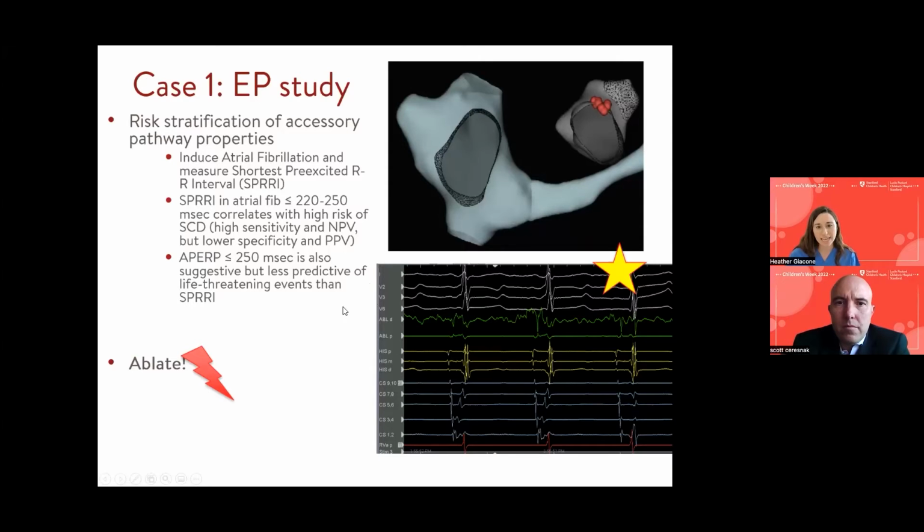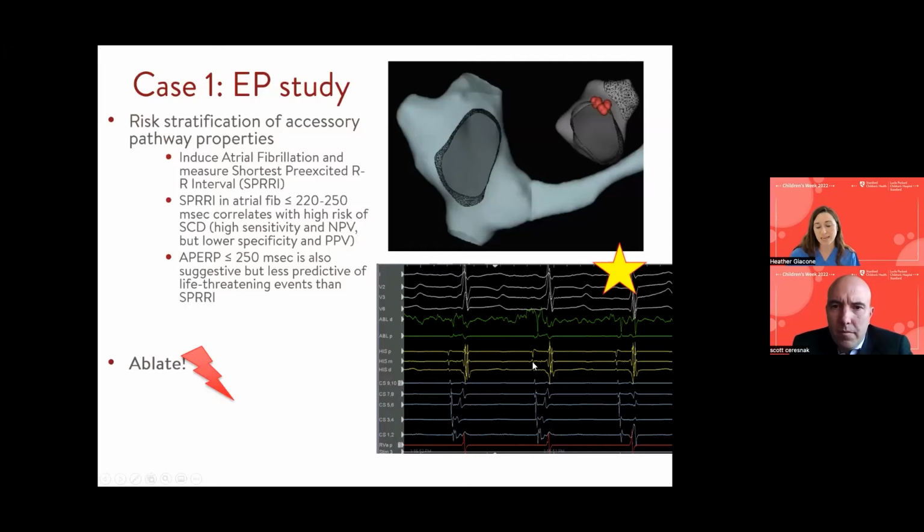I'm not going to get into the nitty-gritty of this, but there are different things that we look at while we're in the lab. This is showing you what we're looking at when we're there. You can see we have some of our surface EKGs up there, and we have catheters in multiple locations. This is in the coronary sinus, this is where the His is, and this is our ablation catheter.